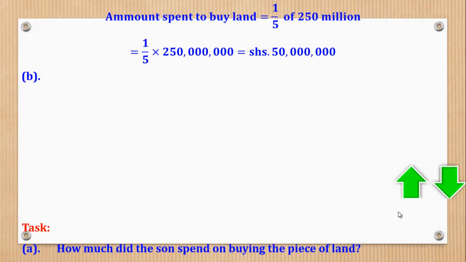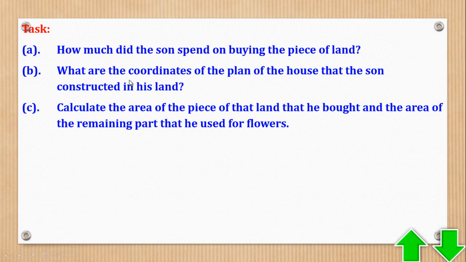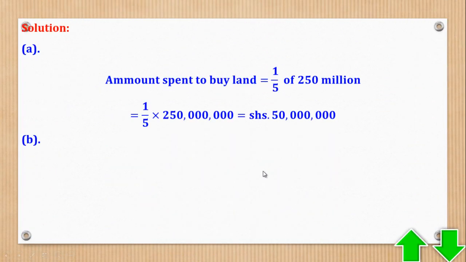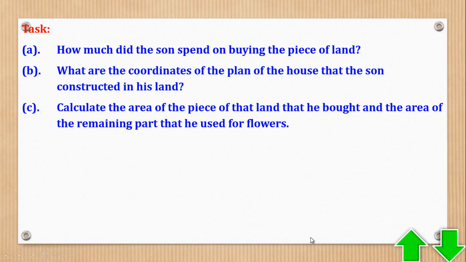That was part A. Part B, they said, what are the coordinates of the plan of the house that the son constructed in his land? So first of all, we shall need to know, do you see this?